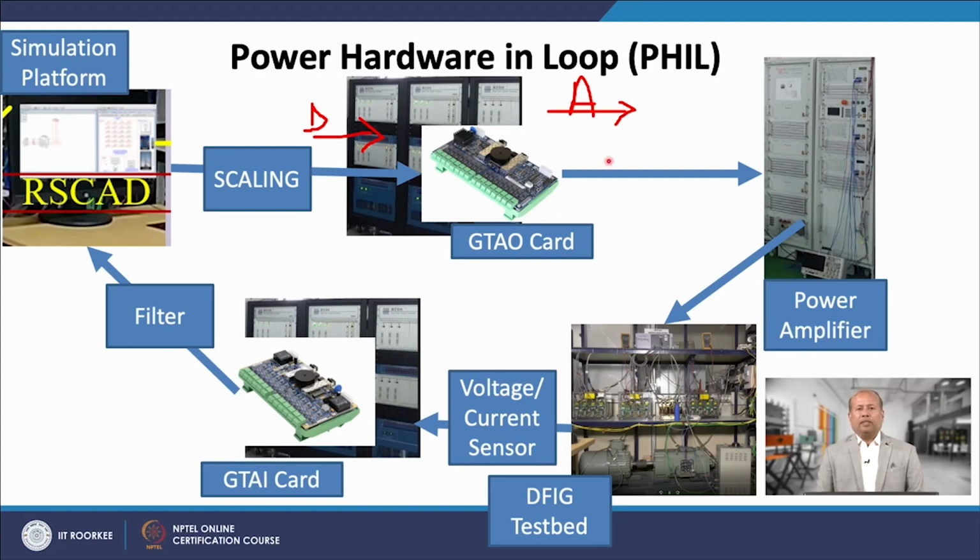Such voltage and current levels are much below the test power devices' operating voltage and current range. As a result, in PHIL simulation, amplifiers are needed to scale the signals sent from the RTDS to those needed by the test equipment.